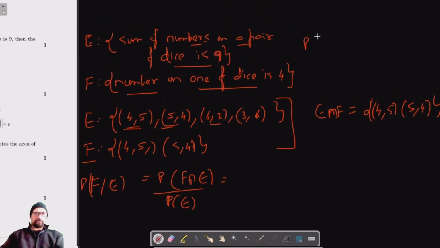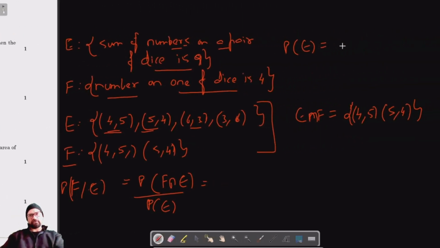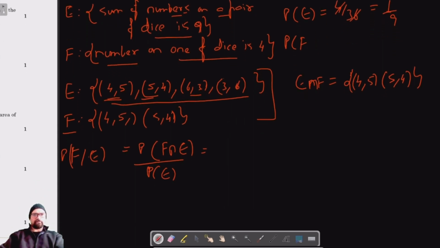Now what is the probability of E? The total number of outcomes on throwing a pair of dice is 36. So the probability of E is, we have 4 elements, so it's 4 by 36, which is equal to 1 by 9. And what is the probability of E intersection F?